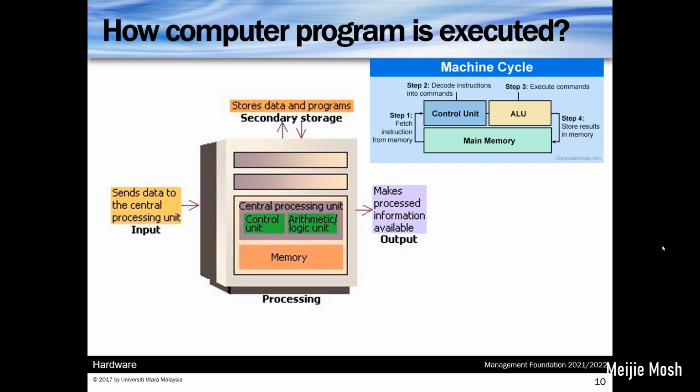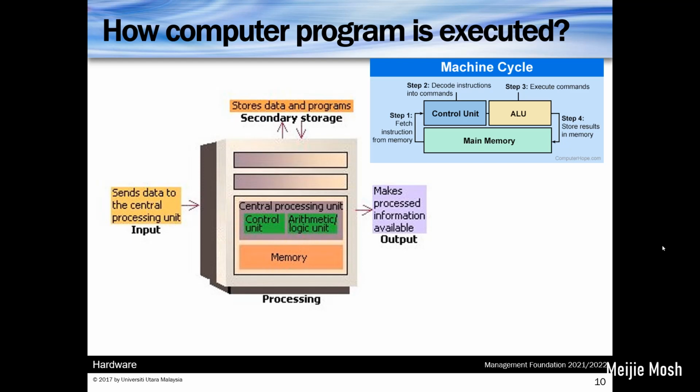That is, the arithmetic logic unit is given control and performs the actual operations on the data. The arithmetic logic unit stores the result of this operation in memory or in a register. The control unit eventually directs memory to release the result to an output device. This is called a machine cycle.